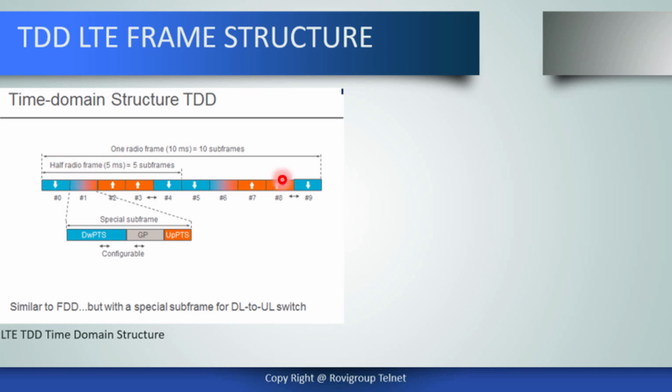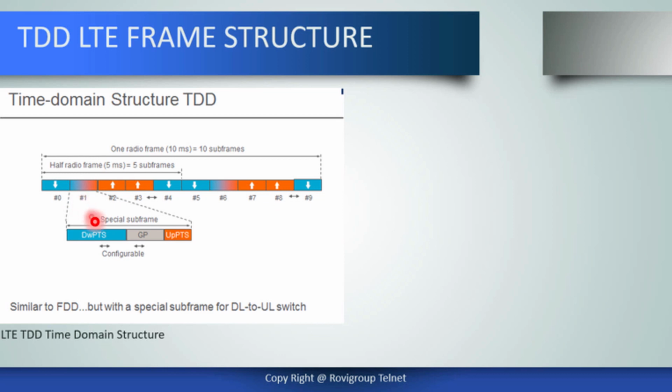For instance, in this frame, we have divided different subframes for downlink and different subframes for uplink. For instance, subframe numbers 0, 4, 5 and 9 are used for downlink, whereas 2, 3, 7, and 8 are used for uplink.